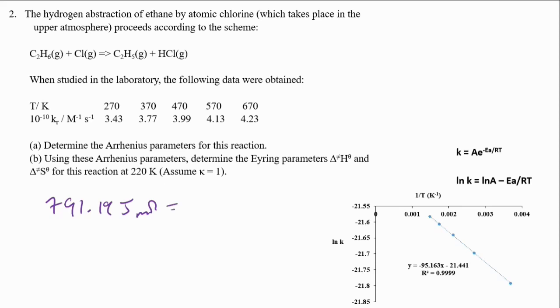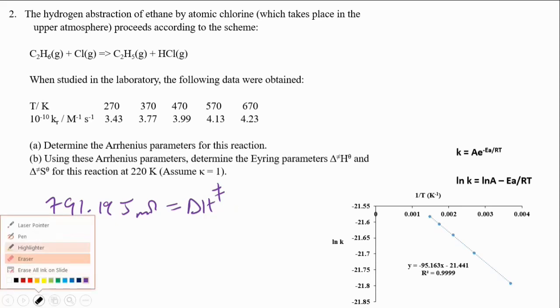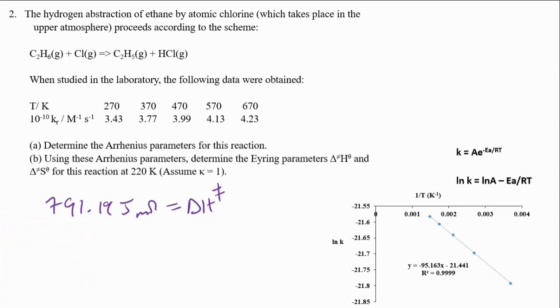Okay, is equal now to delta H, which is what we want to find, the unknown. Okay, here we go. Plus 2 times 8.314 times the temperature, which is 220 Kelvin. We just have to do a bit of rearrangement and we can figure out delta H easily. All right, so let me just see if I can do that.